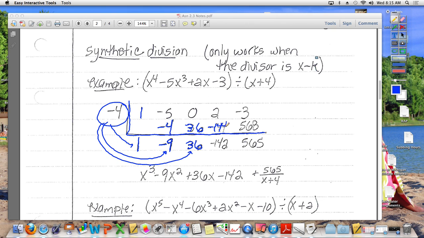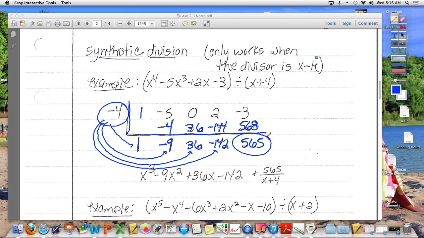You combine 2 and negative 144, you get negative 142. Then you take negative 4 and you multiply it by negative 142, you get a positive 568. That number goes right here. You combine negative 3 and positive 568, you get positive 565. This number right here, the very last number, is the remainder.